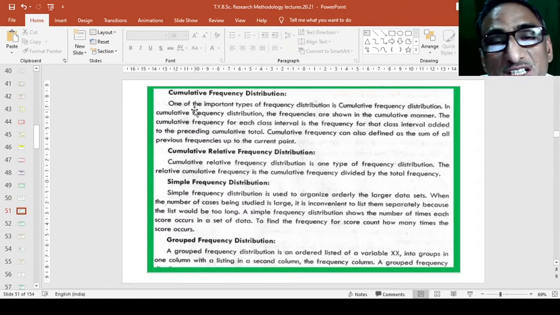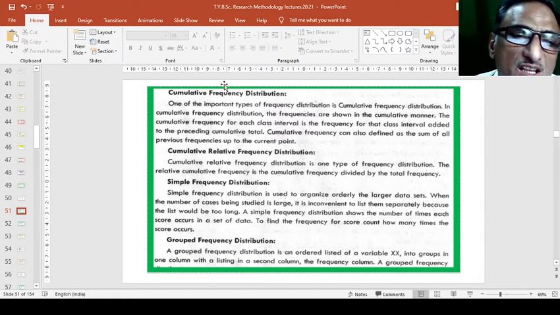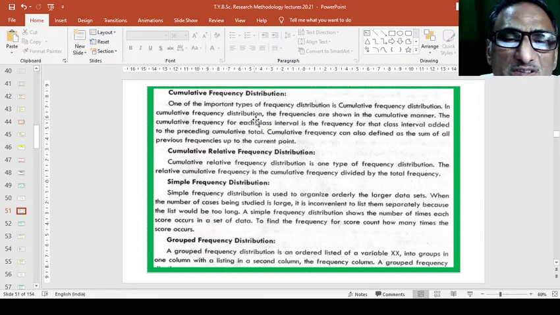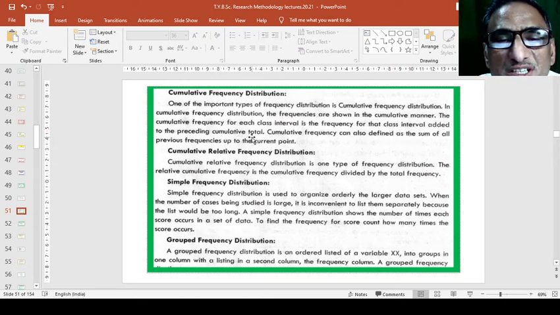Now, cumulative frequency distribution. One of the important types of frequency distribution is cumulative frequency distribution. In a cumulative frequency distribution, the frequencies are shown in a cumulative manner, and the cumulative frequency of each class interval is the frequency for that class interval added to the preceding cumulative total.